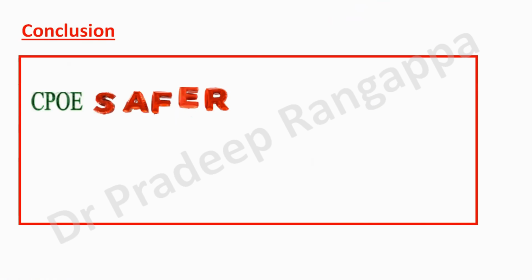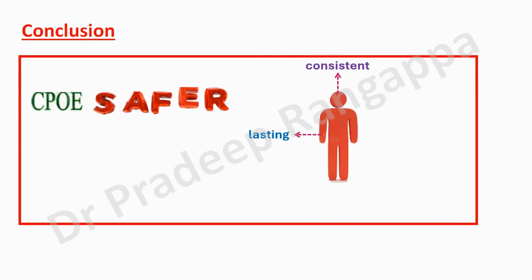So to conclude, computerized physician order entry is considered safer, and it helps in being consistent with the type of prescriptions that you give to the patient. It is lasting, and you have measurable tools, because you can audit drug prescriptions and errors that have happened.